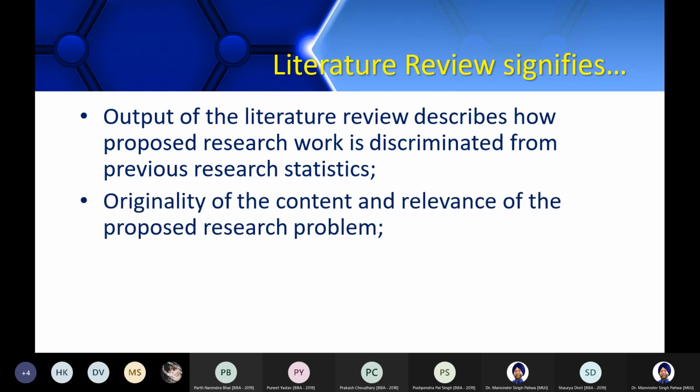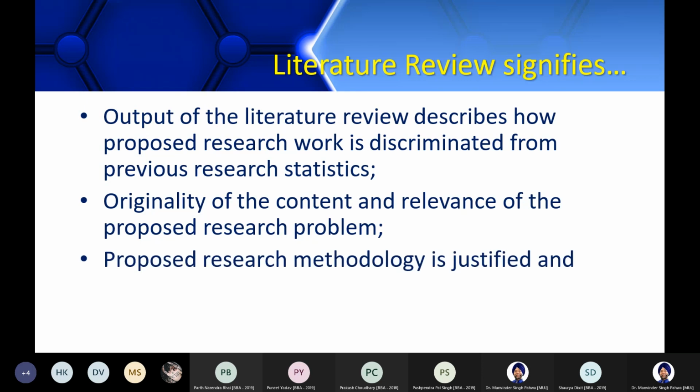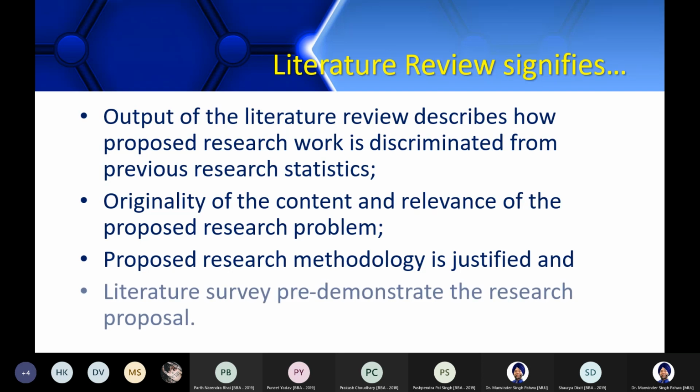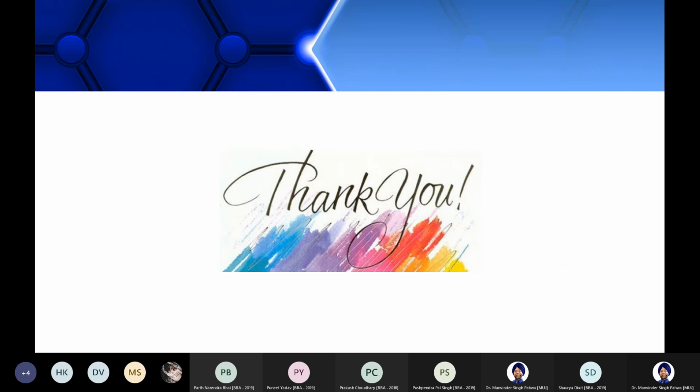Further, the originality of the content and the relevance of the proposed research problem can be understood with the help of a proper literature review, and the proposed research methodology is justified, and the literature survey pre-demonstrates the research proposal. So these are the significance of the literature review.